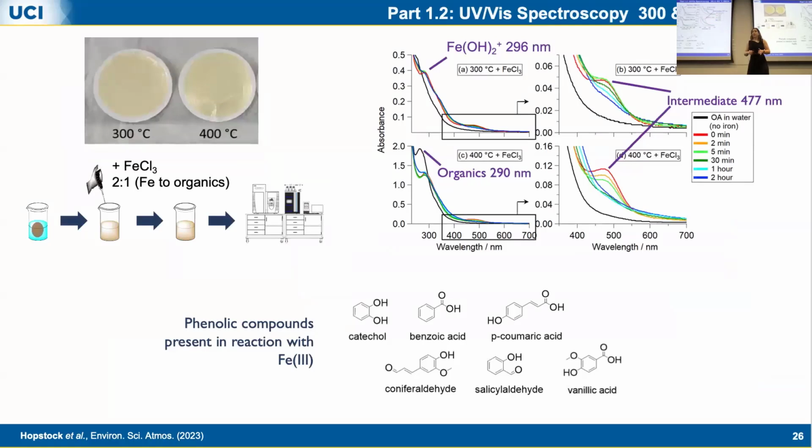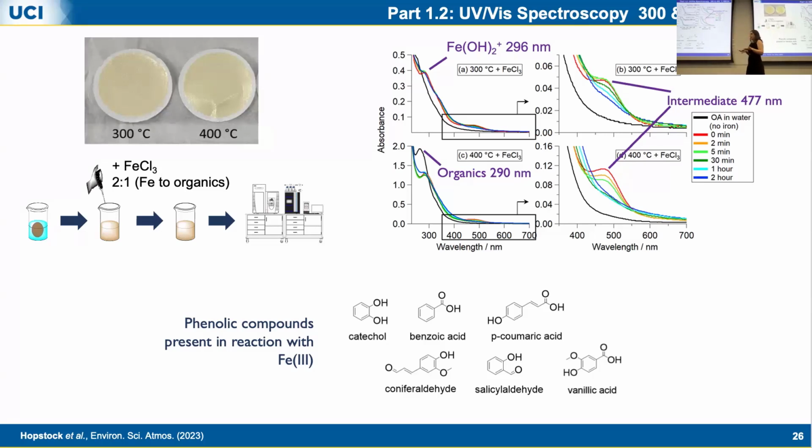Okay, so now I'm going to break up my talk a little bit into lower temperature versus higher temperature, and that'll be apparent in a minute or two. But for lower temperature, that's 300 and 400 degrees. What I'm showing here are the absorption measurements. On the left, this is the full wavelength range between about 230 and 700 nanometers. And then on the right, I zoomed into this box region, the visible range.